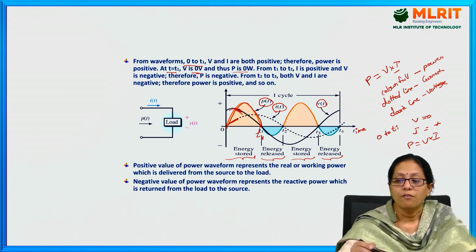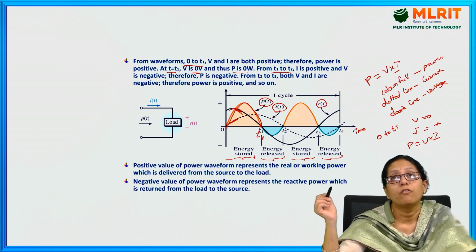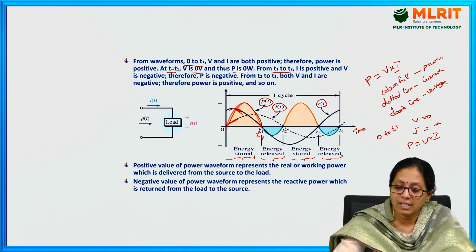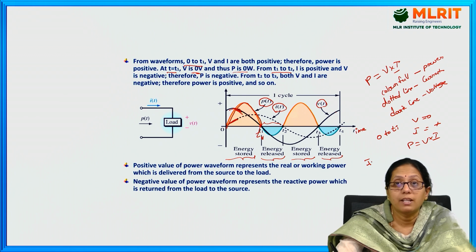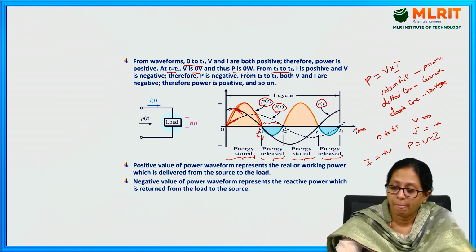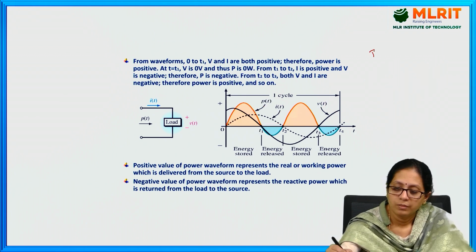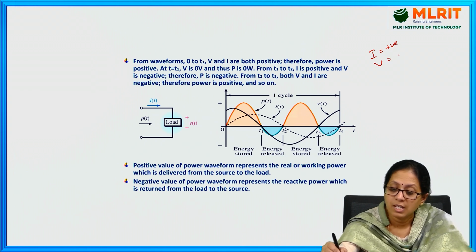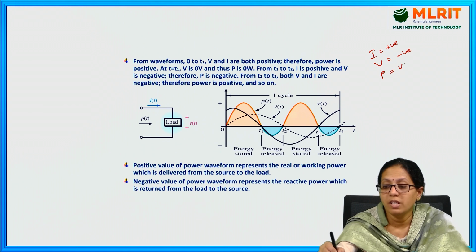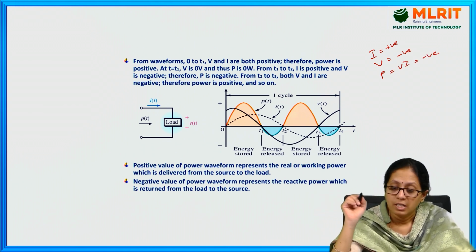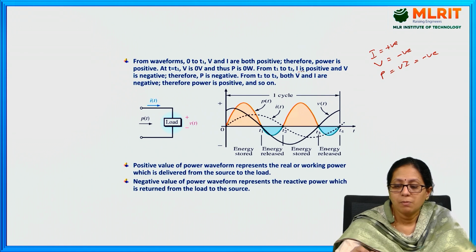And now from T1 to T2, you can see the current is positive, voltage is negative. So the power, that is V into I, is negative. I is positive, voltage is negative, therefore P is negative.